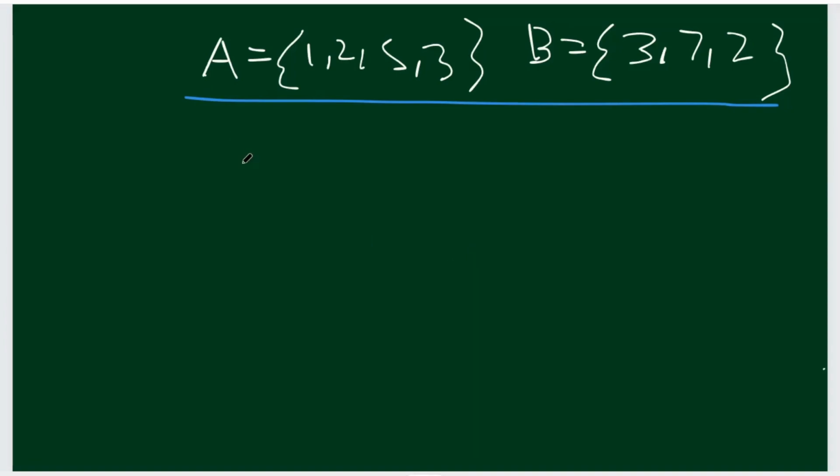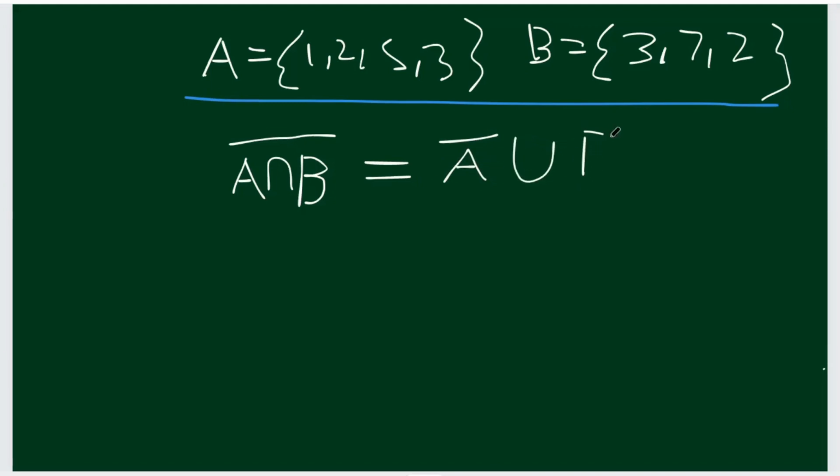I want you to think about why the following are true. The complement of A intersect B, if I write a bar on top, that's actually the complement. So not A intersect B, think about what that means. It's the complement of A union the complement of B. Why is this?